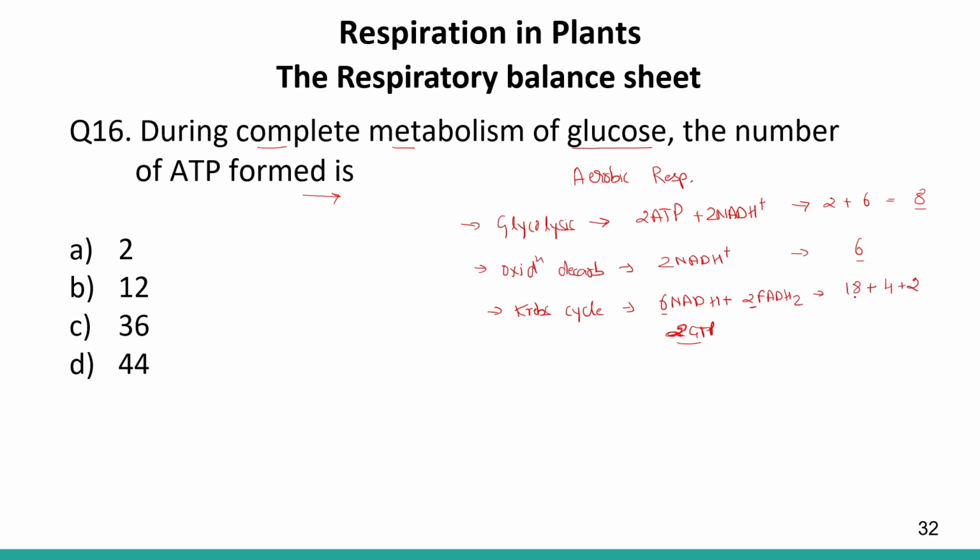If we add all these, what should be the answer here? It should be 24. Now if we add all these, 8 plus 6 plus 24, then what should be the answer? Answer is 38 ATP. But in the options you have 36 ATP.